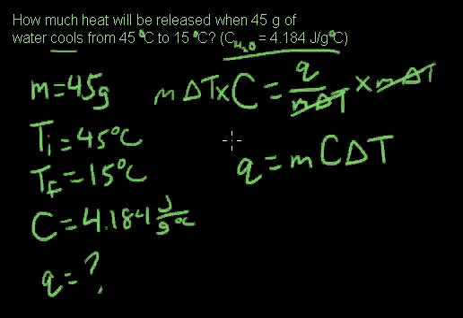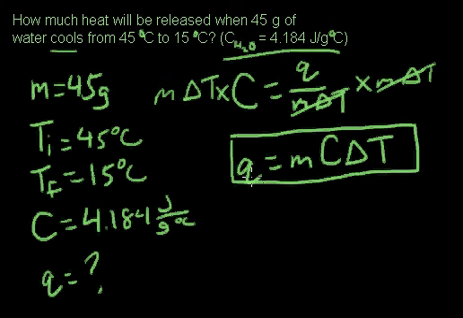This form of the equation is one that gets used over and over again because we're often solving for Q, the heat of a reaction, or the heat of a process.